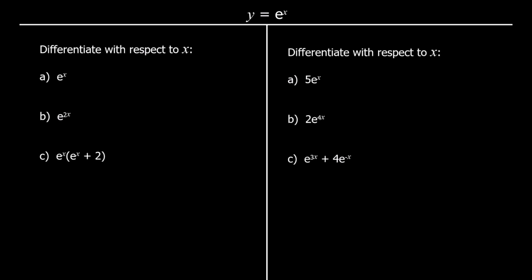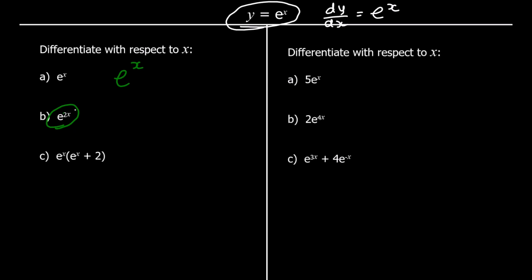Now we're going to look at differentiating. So as I said before, the reason that e is a special number is because its gradient function is exactly the same as the function. So e to the power of x differentiated is e to the power of x. e to the power of 2x.